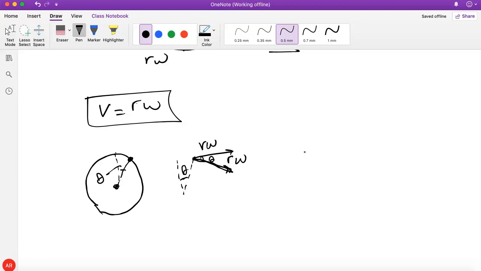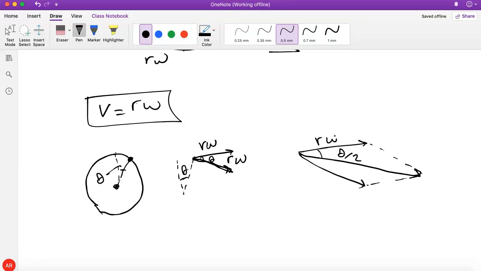Okay, so drawing it a bit bigger, we see that the sum of these two vectors is something like this. And then this angle is theta over 2. The length we can then calculate, right?